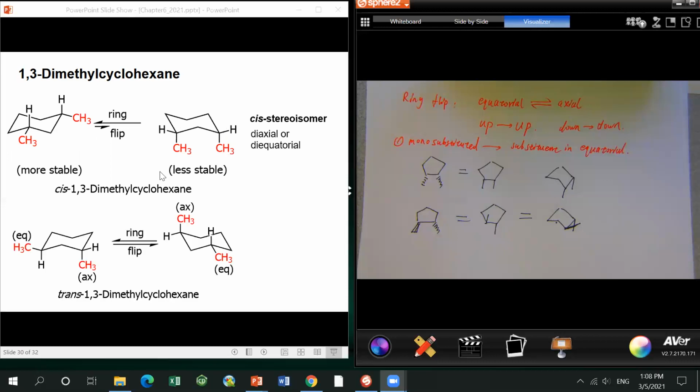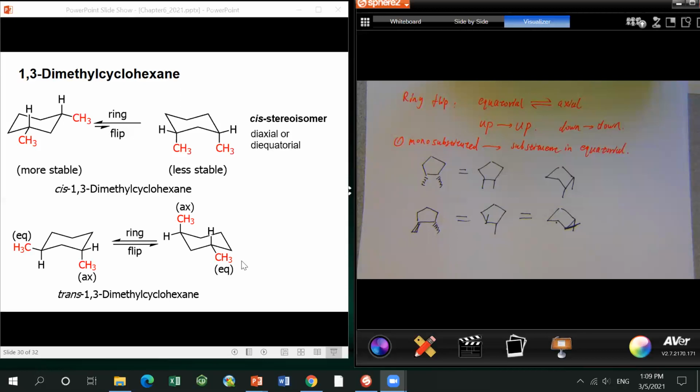But when we come to the trans-1,3-dimethylcyclohexane, the situation is a little bit different. For trans, one conformation puts one methyl group equatorial and the other methyl group axial. When you do the ring flip, equatorial becomes axial and axial becomes equatorial, so you still get one methyl group axial and one equatorial.